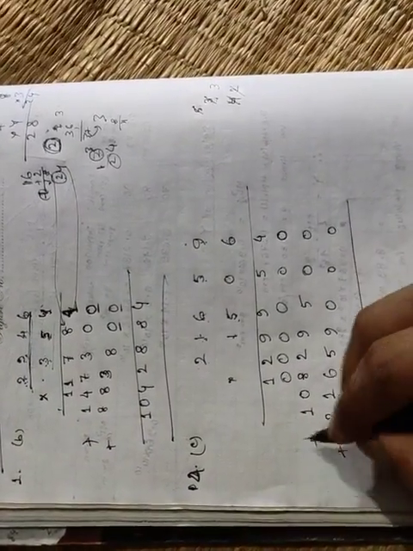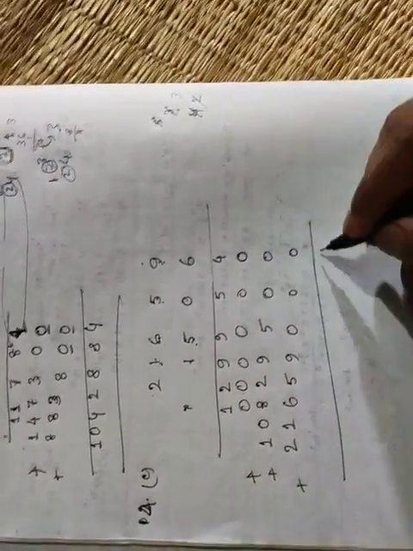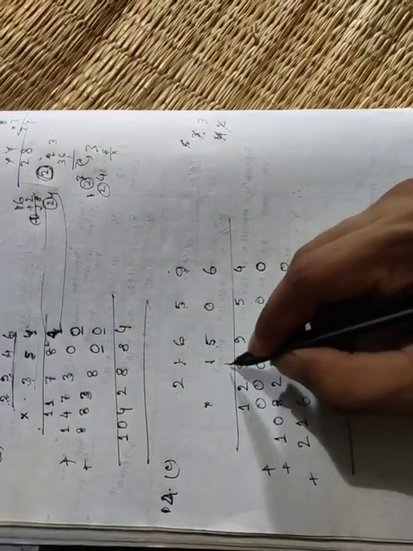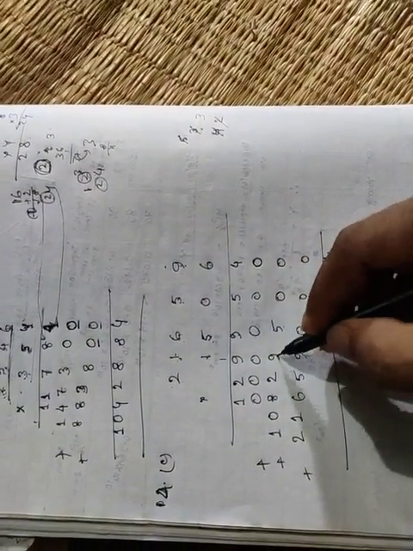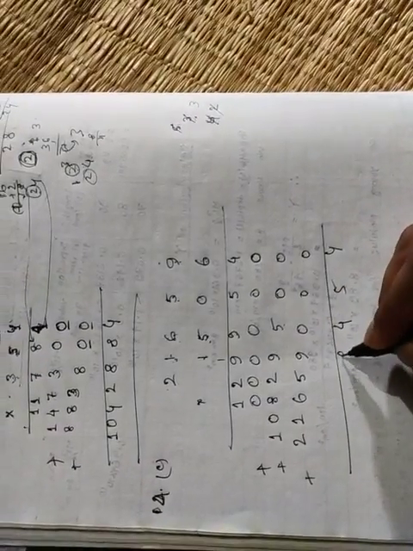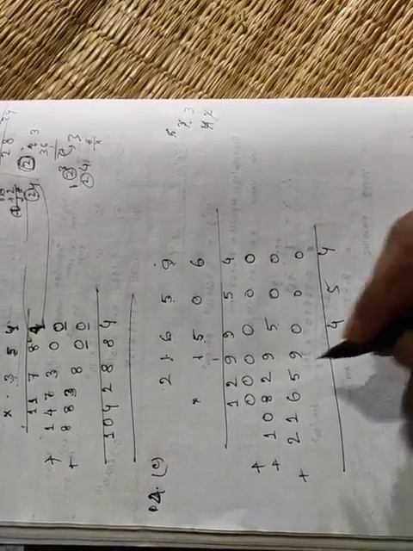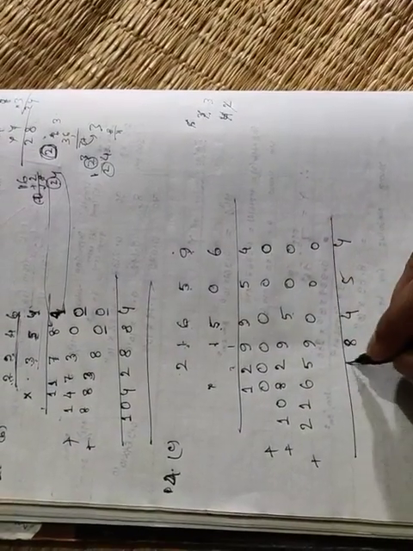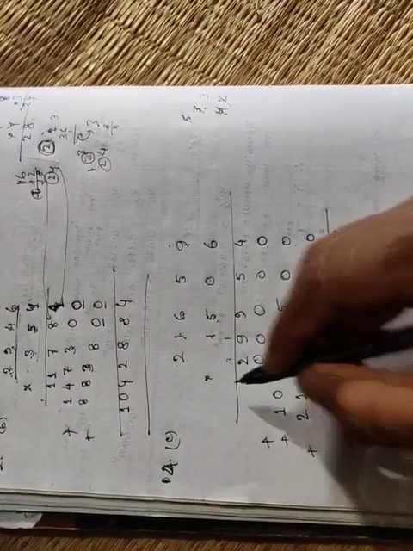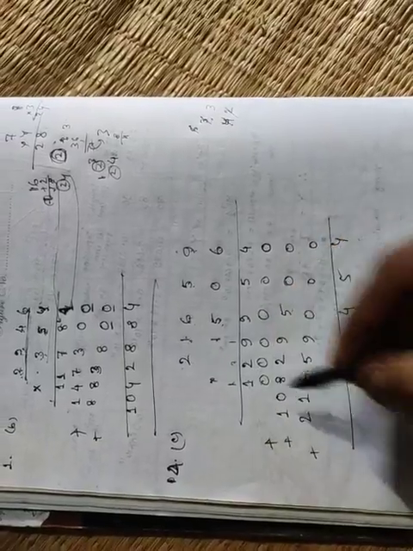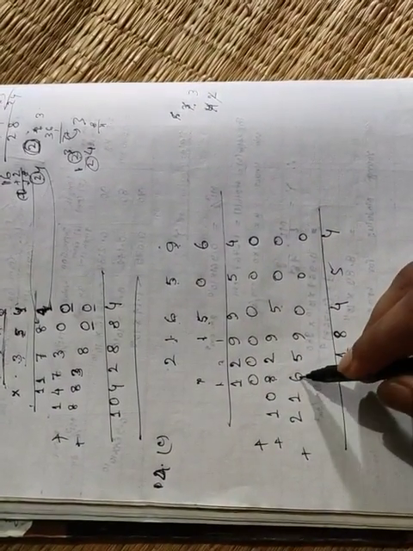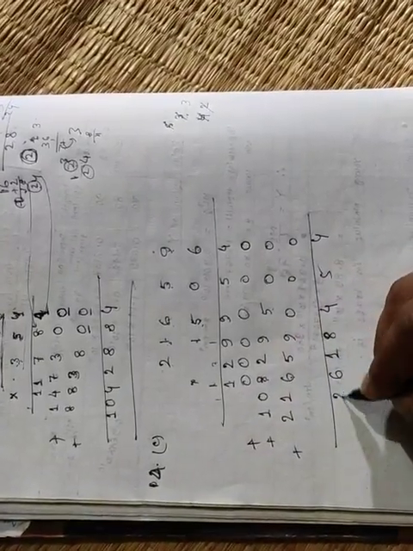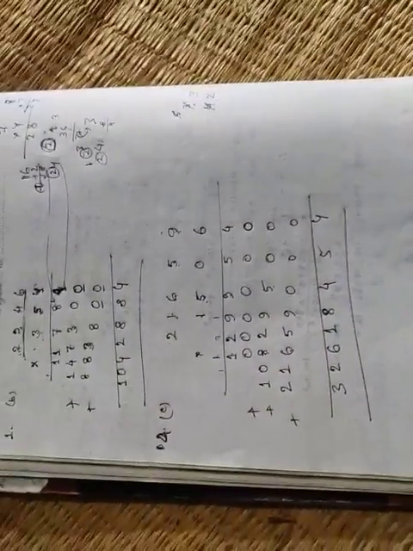So now do the addition. 4 plus 5 plus 9 plus 5 is 14, 1 carry. 9 plus 1 is 10, 10 plus 9 is 19, 19 plus 9 is 28, 8, 2 will be carry. 2 plus 2 is 4, 4 plus 2 is 6, 6 plus 5 is 11, 1 will be carry. 1 plus 1 plus 2 plus 2 plus 8 is 10, 10 plus 6 is 16, 6, 1 carry. 1 plus 1 plus 2 plus 2 plus 1 is 3. So this is the answer.